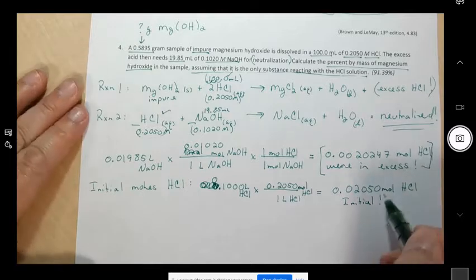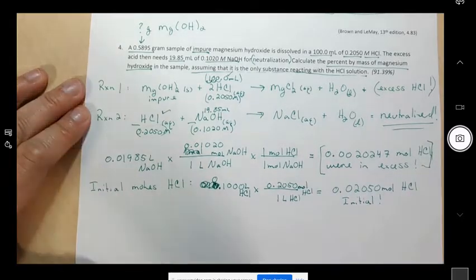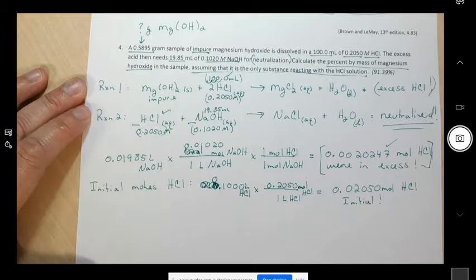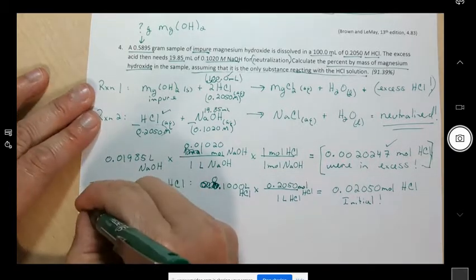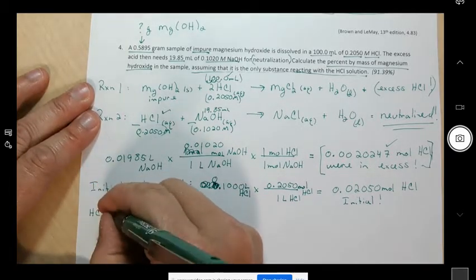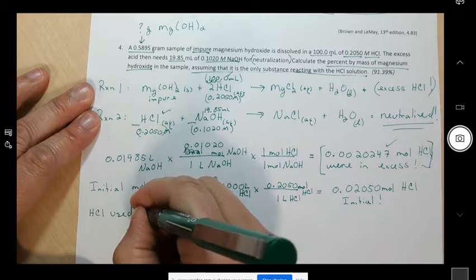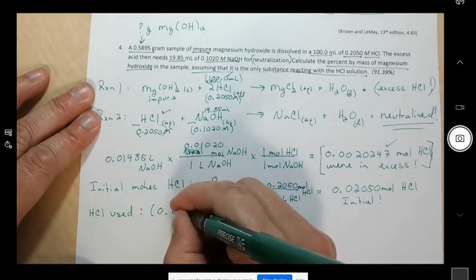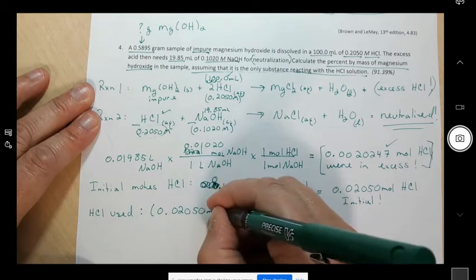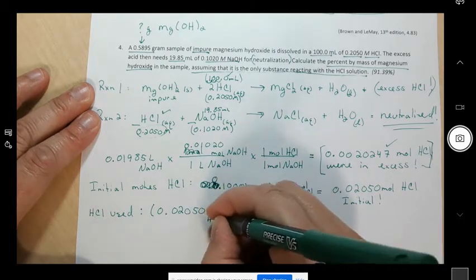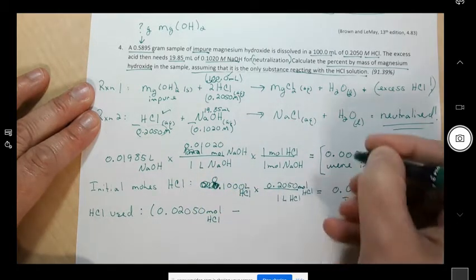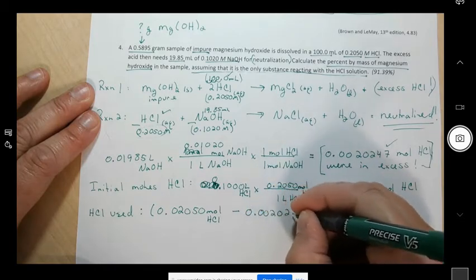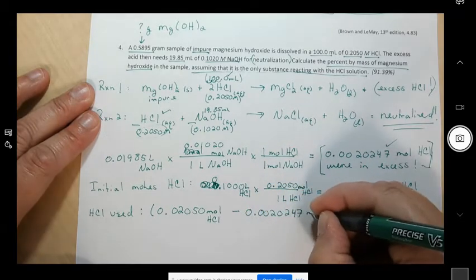Now, I need to figure out how much of that initial amount I actually used. So I'm going to subtract basically what I didn't use. Let's do HCl used. So we're going to do the 0.02050 moles of HCl, and we're going to subtract 0.0020247 moles HCl.